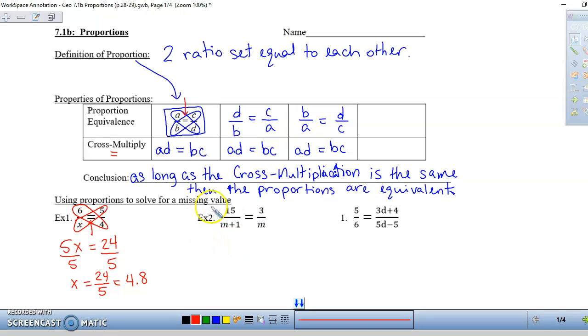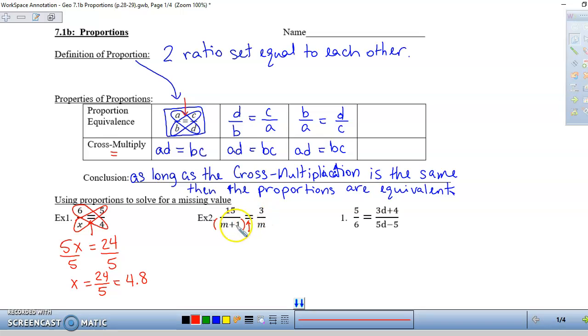Example 2 gets a little more complicated because you have this plus sign in one of the fractions. But main thing, you have this equal sign between the fractions. And then whenever you see a plus sign within the fraction, that just means you need parentheses around that expression.